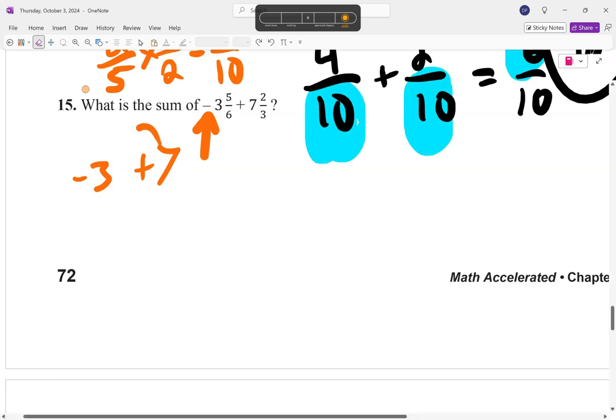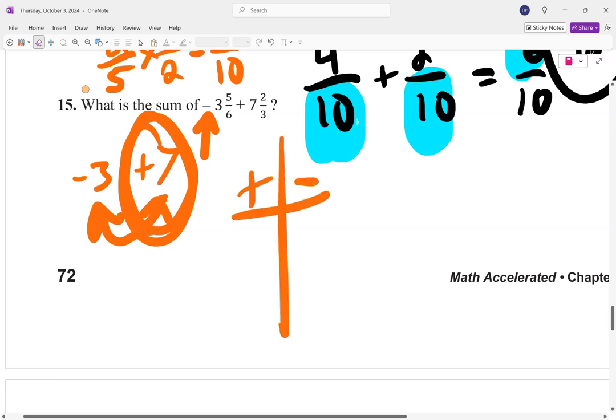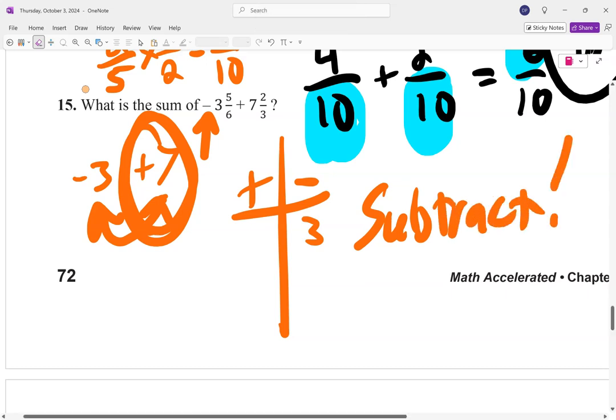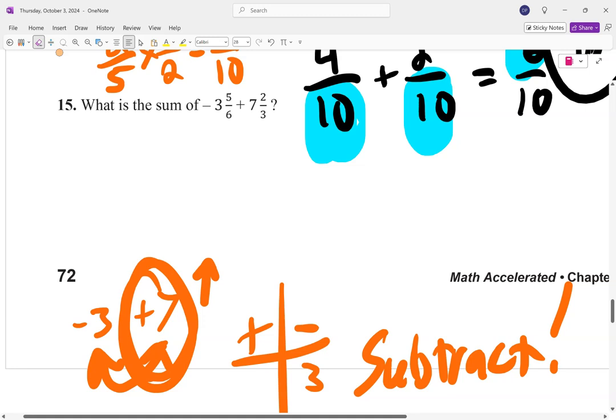We know that these are both different sides of the good guys, bad guys table. So we know that good guys are going to win, and we're going to have to subtract. So since we're subtracting, we need to get a common denominator.